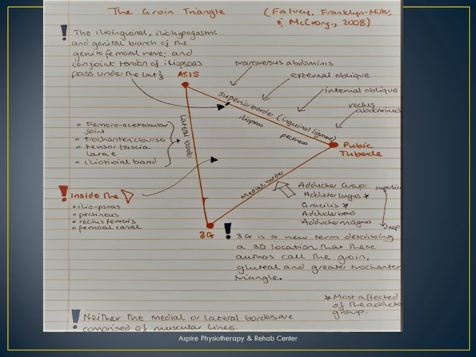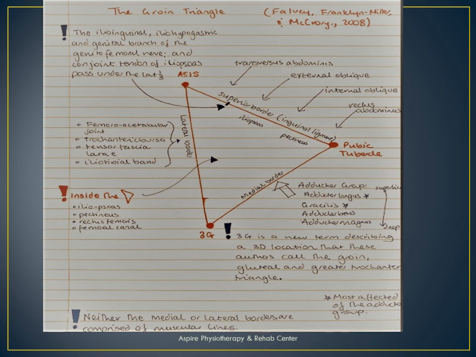Superior to this superior border is the aponeurosis of the rectus abdominis muscle, then the internal oblique muscle, external oblique muscles and transversus abdominis. Now when we focus on just the lateral 1/3 of the superior border, there are lots of nerves. So ilioinguinal, iliohypogastric and the genital branch of the genitofemoral nerve. And deep to that is the conjoint tendon of the iliopsoas muscle. So this was all about your superior border.